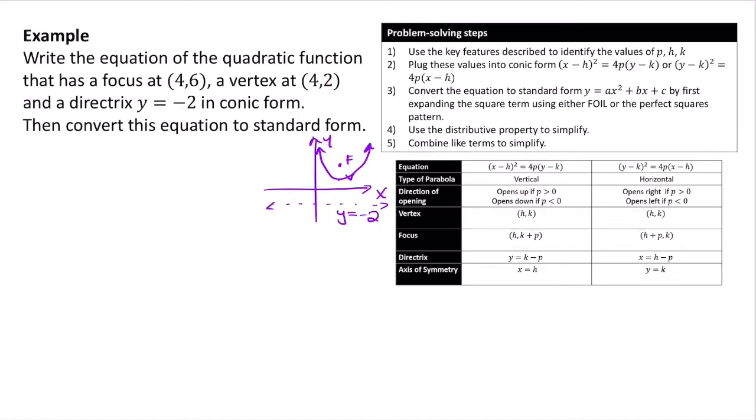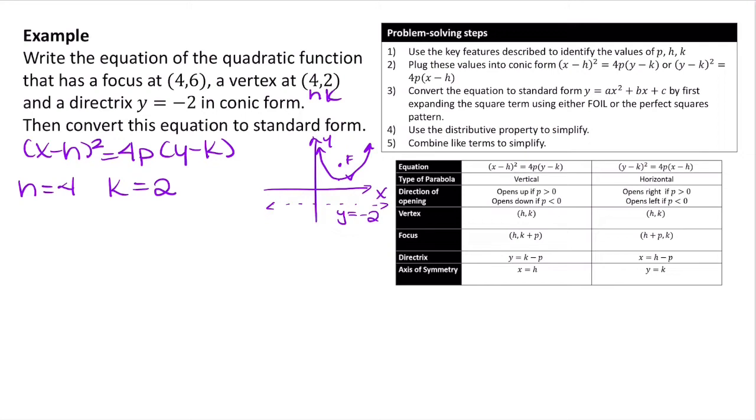So I know that I'm going to need to use the equation (x - h)² = 4p(y - k). Well, let's think about this now. We can identify some values based on the information given to us. We know that h = 4, and we know that k = 2, because that's the coordinates of the vertex.